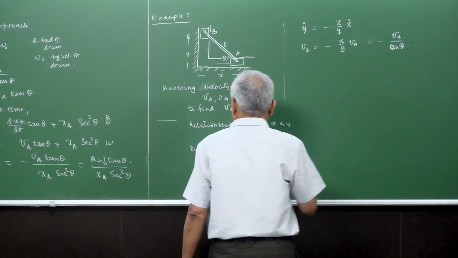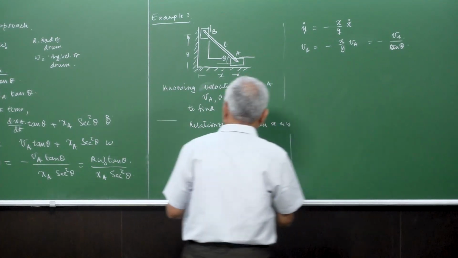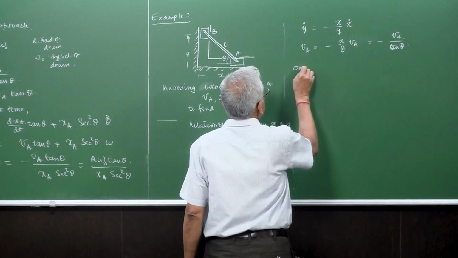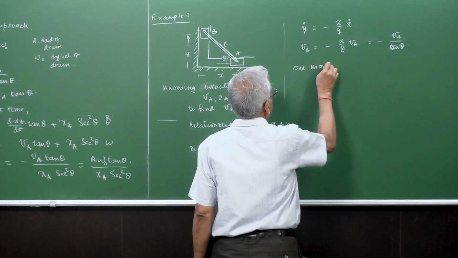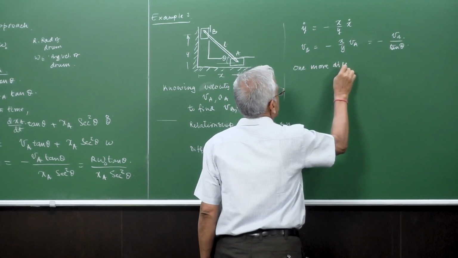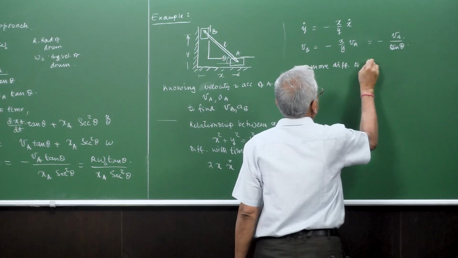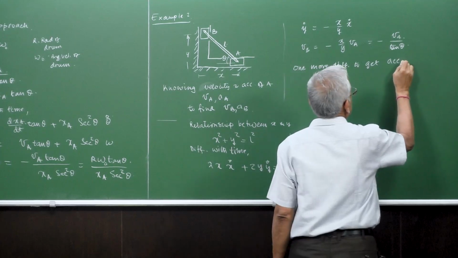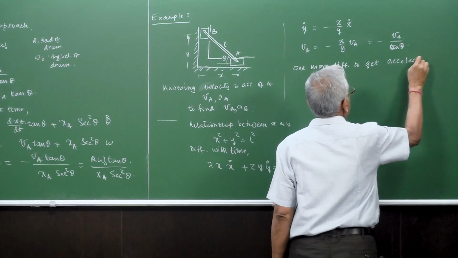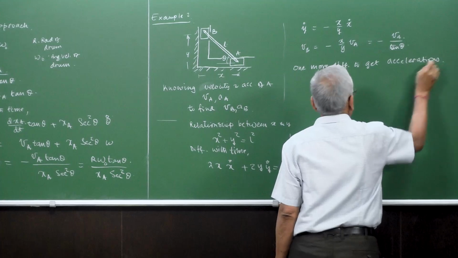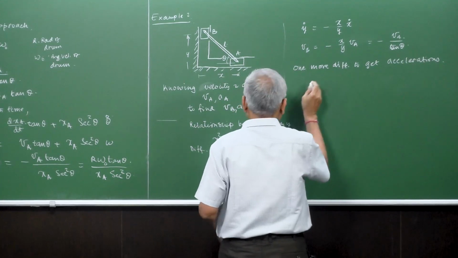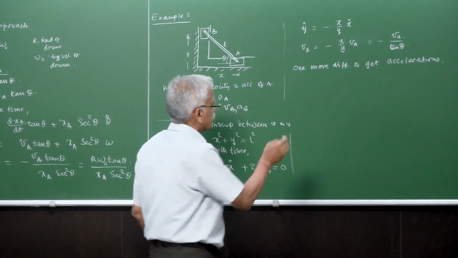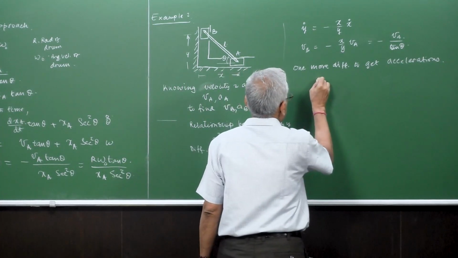Same thing here. So we take one more differentiation to get the relationship between accelerations. So we'll drop this x, which means that here x and x dot are a product, and obviously both are functions of time.